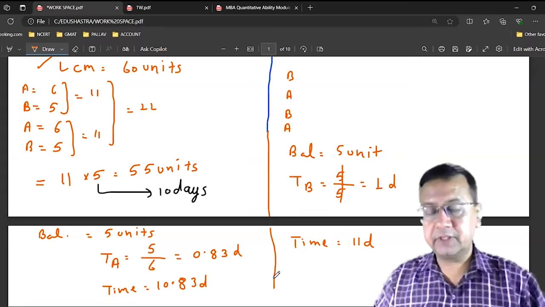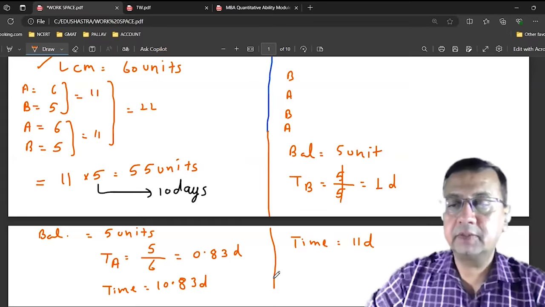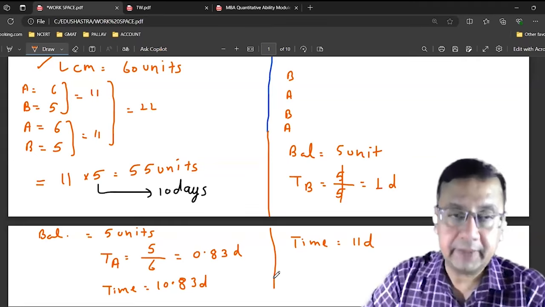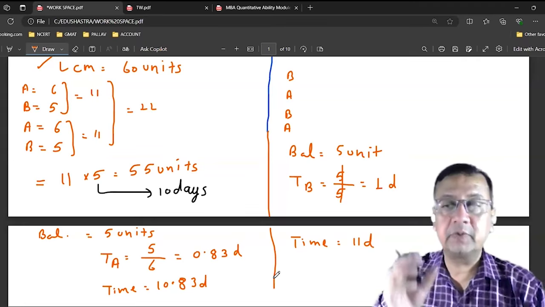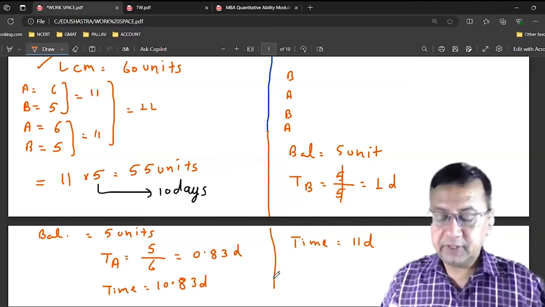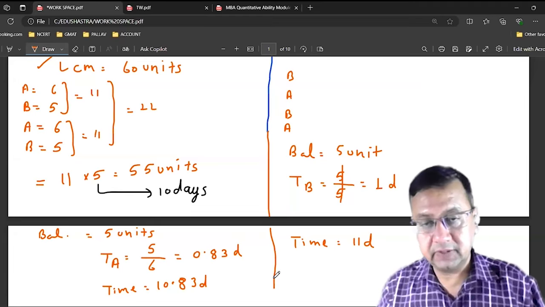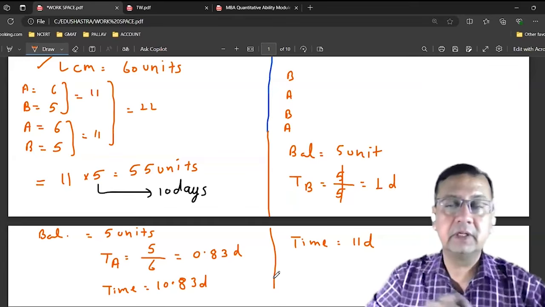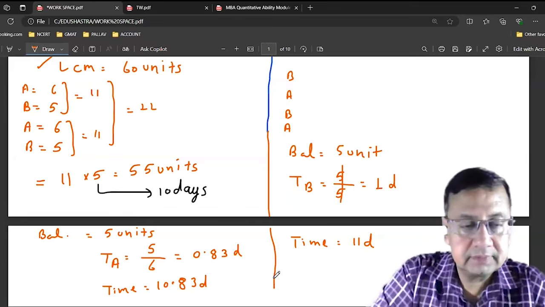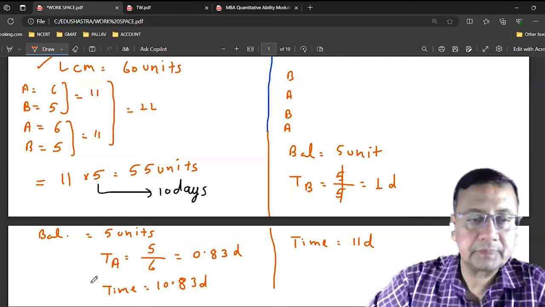So see this difference. With this method, we are able to identify the gap, the precise value. So we have to be a little more attentive, a little more calculative, to calculate the answer. Getting this?